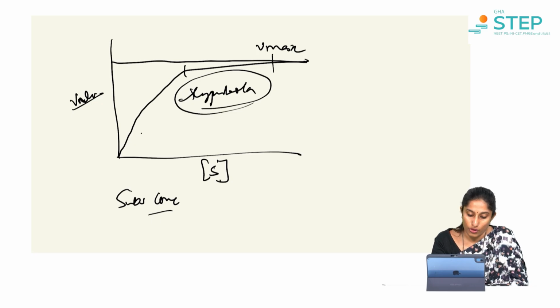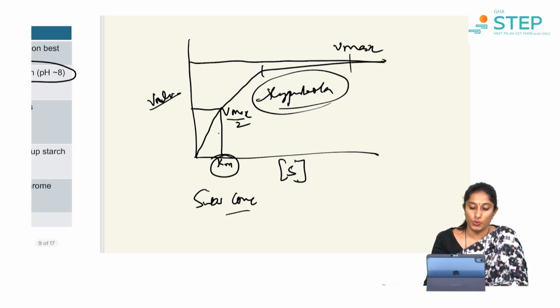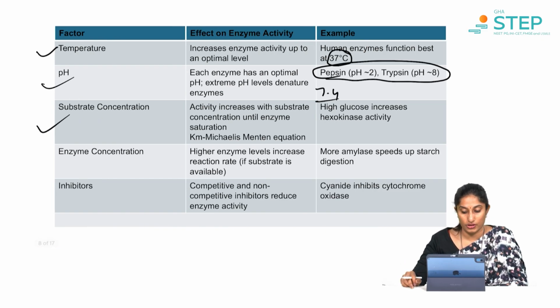Now, if I draw the Vmax, and take half of the maximum velocity and drop it down, I would get my Km. So, Km means the substrate concentration at which the enzymes have reached half maximum velocity. This is the graph we see with substrate concentration. Km would be the important factor in this particular graph.